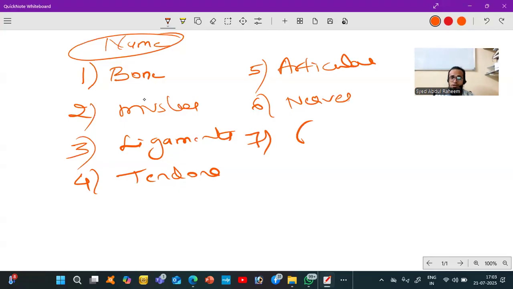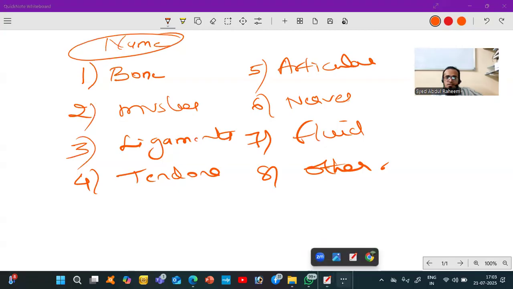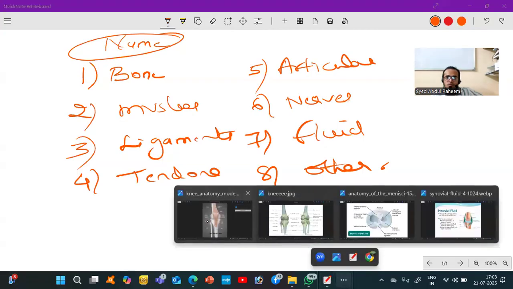Also the fluid present in that area, and whatever other structures are present there. So let's see this image, and we will be able to know.